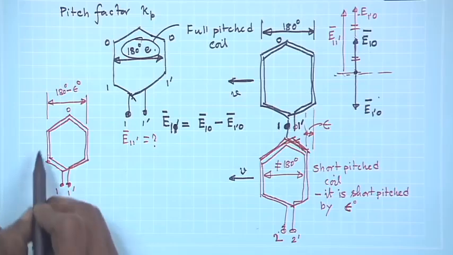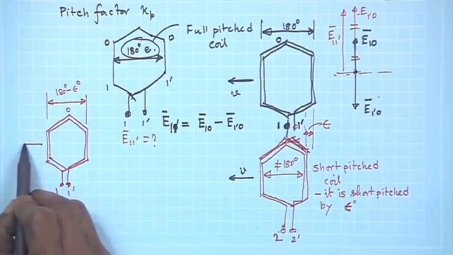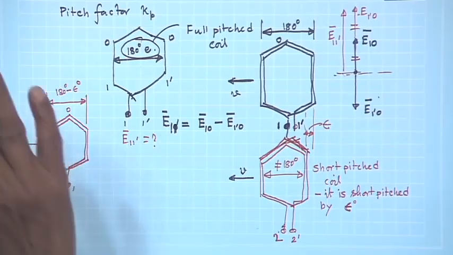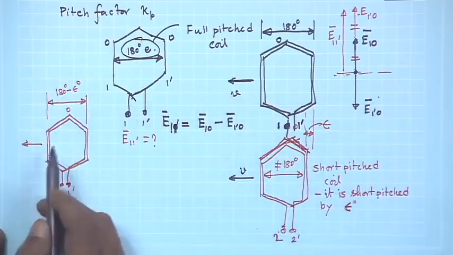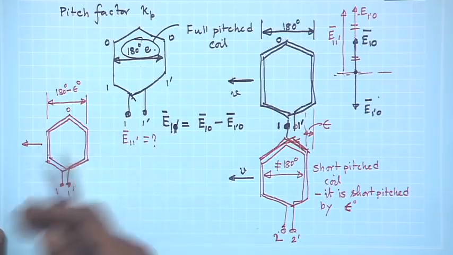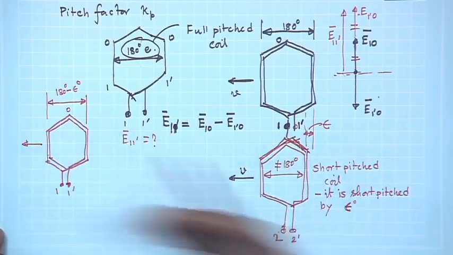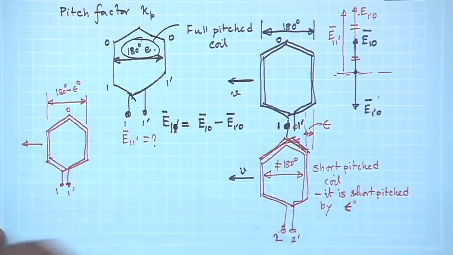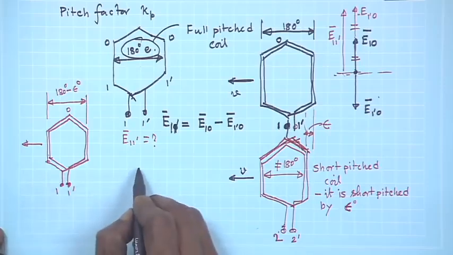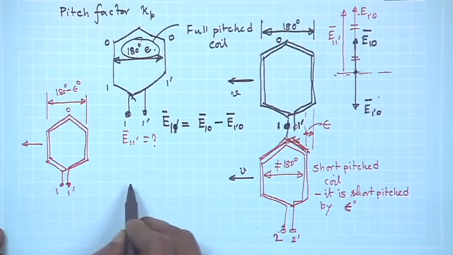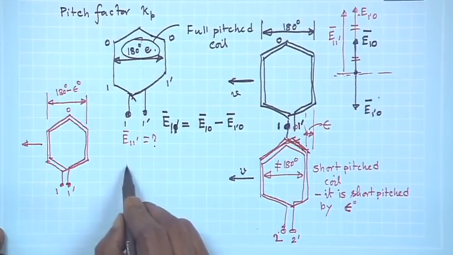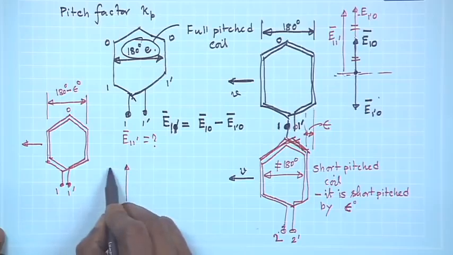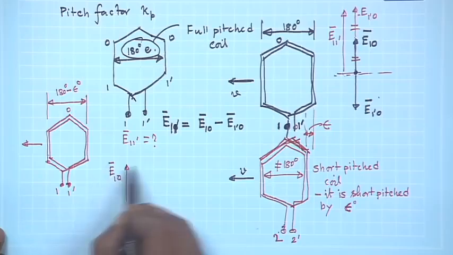Here also same thing. Suppose you assume the conductor is moving and your field above and below are stationary. So, it will see south pole, north pole successively as it moves from right to left. Suppose I say that E 10 is this voltage phasor, assuming sinusoidal B distribution.